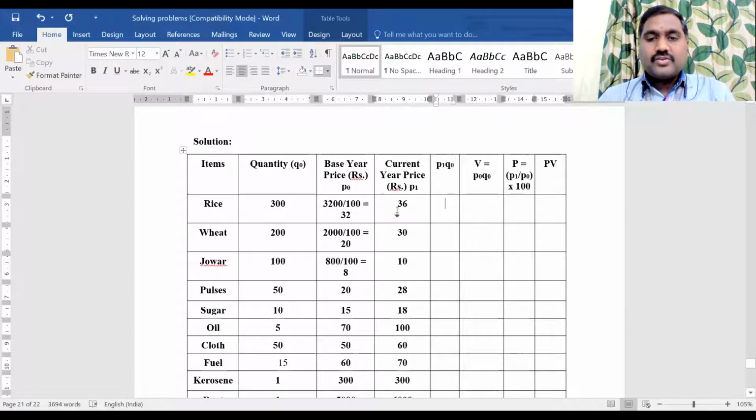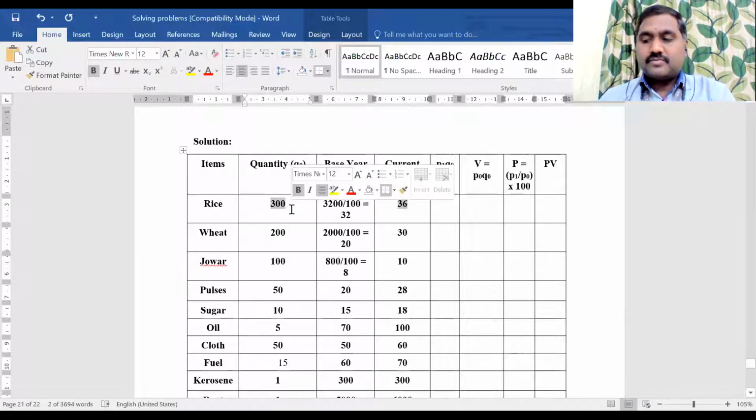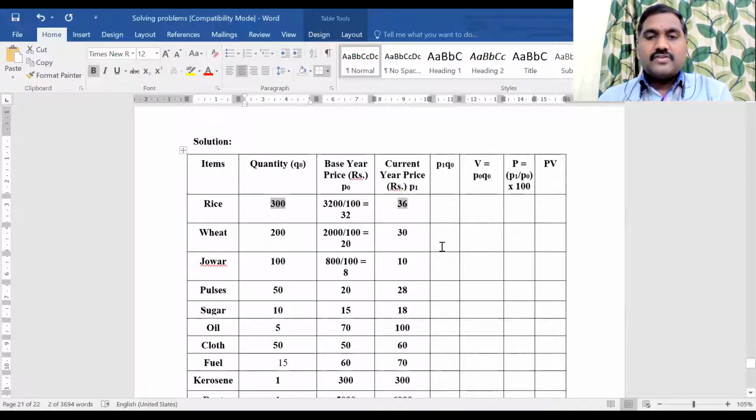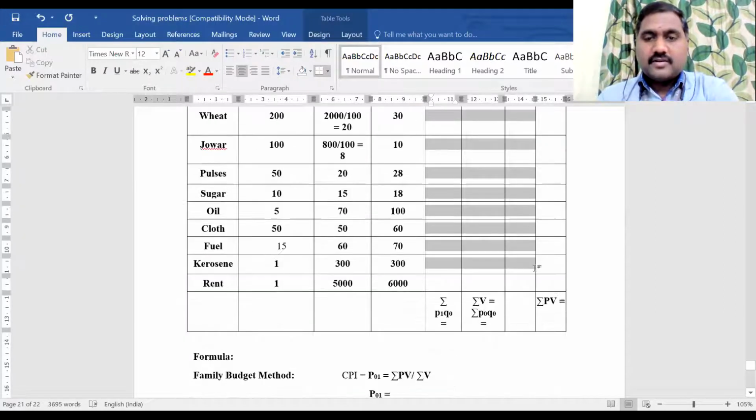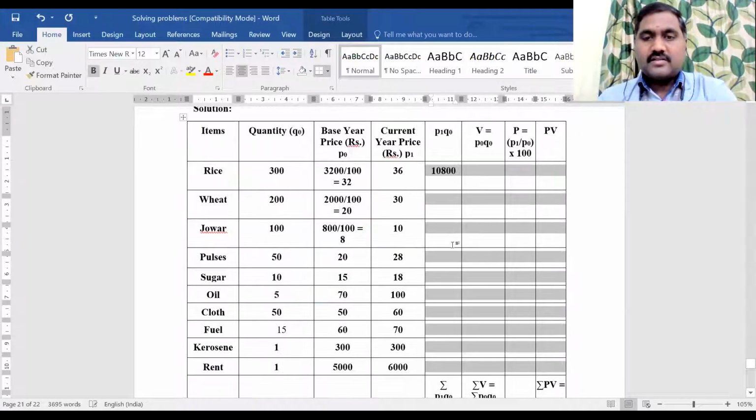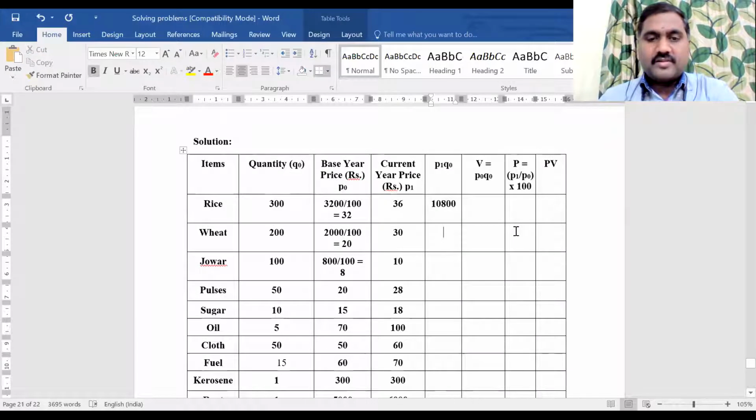P1 Q0, so this is P1 and this is Q0, right? So 36 into 300. Anyone? You can tell me the answer, or if you are not ready to tell me the answer, please tell me, no problem. I'll work it out by myself.